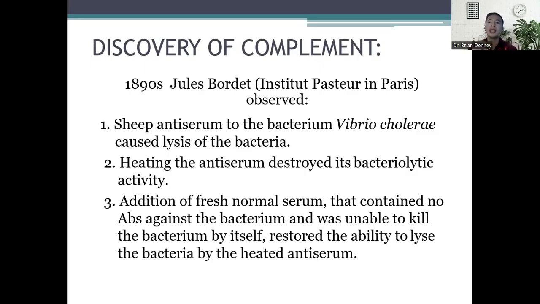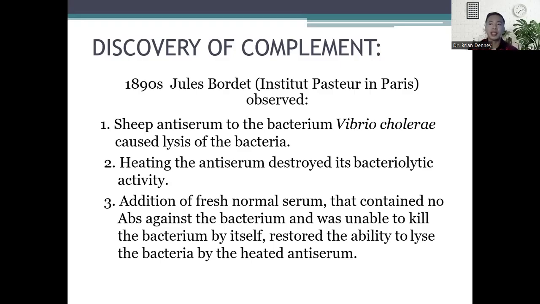So what happened in the experiment of Jules Bordet was that he isolated an anti-serum from the sheep, and this anti-serum contains antibodies specific to the bacterium Vibrio cholerae. So what do you expect?